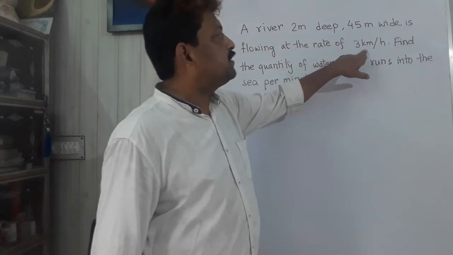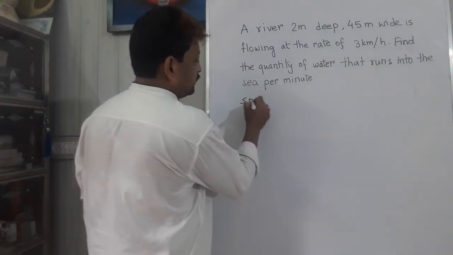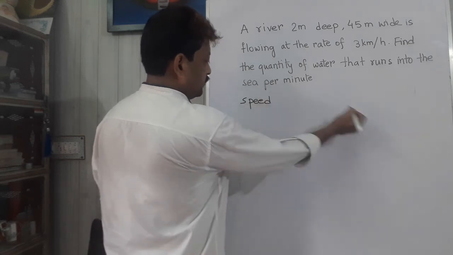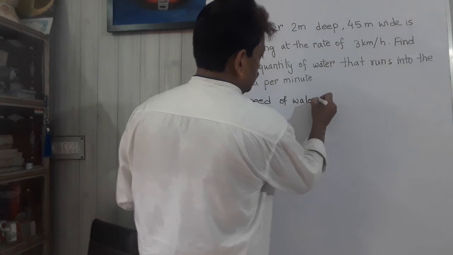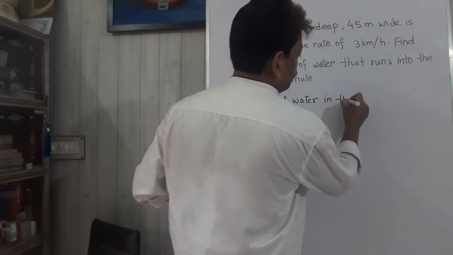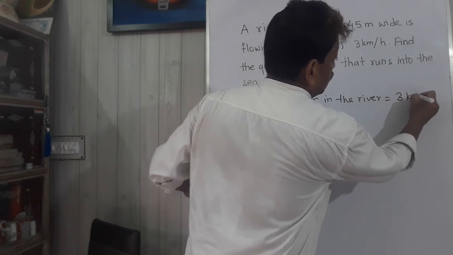So see, the speed is given in kilometer per hour. So first of all, let me convert this into meter per minute. Speed of water in the river equals 3 km per hour.